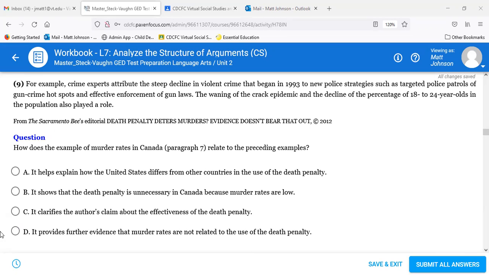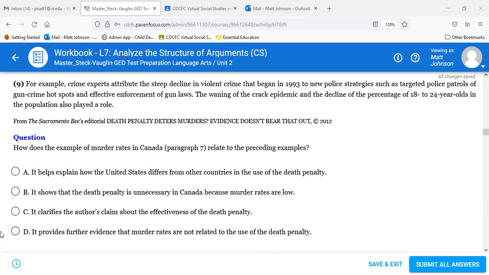A, it helps explain how the United States differs from other countries in the use of the death penalty. B, it shows that the death penalty is unnecessary in Canada because murder rates are low. C, it clarifies the author's claim about the effectiveness of the death penalty. And D, it provides further evidence that murder rates are not related to the use of the death penalty.